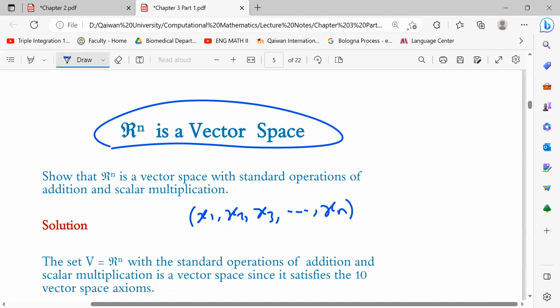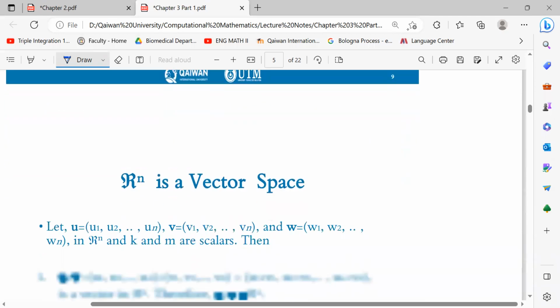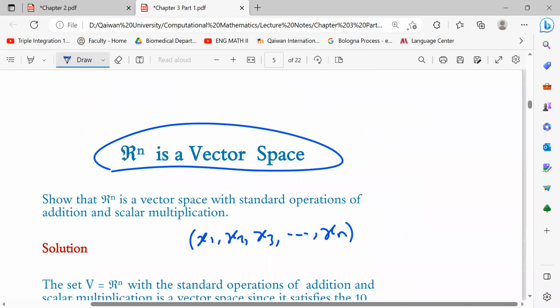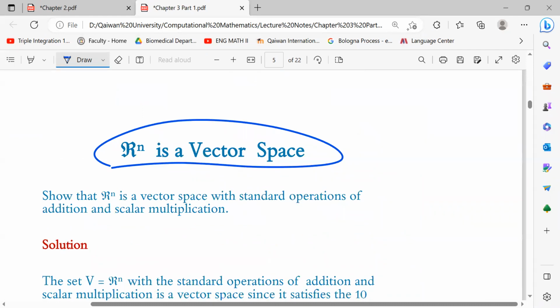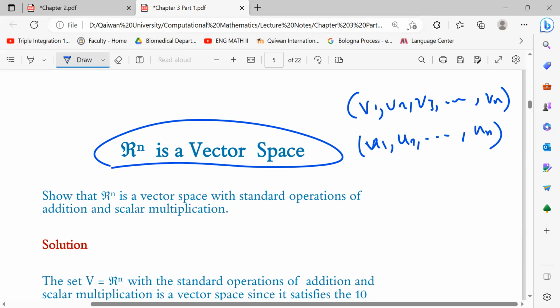Look, the first condition says that the sum of two vectors must be in Rn also, must be in the space also. The space here is Rn. Let's say it is a vector V1, V2, V3, up to Vn. This is a vector. And another vector is U1, U2, up to Un.